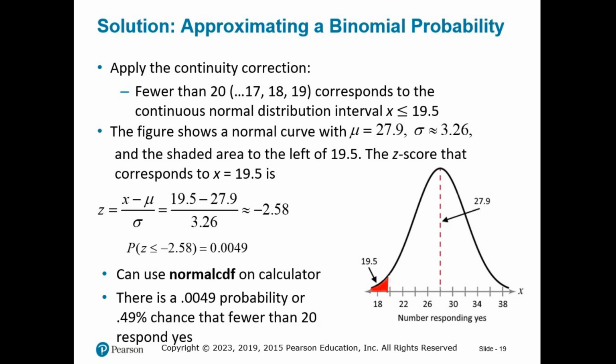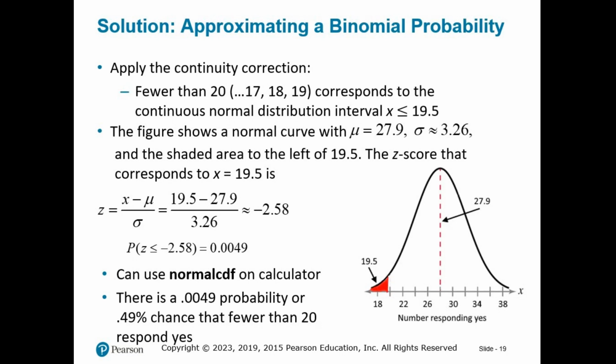We already did the calculations for mu and standard deviation, so we can use those values now in our standard formula to find the z-score. 19.5 minus 27.9 divided by 3.26 is about negative 2.58. So the probability we're looking for is the probability of z being less than or equal to negative 2.58.